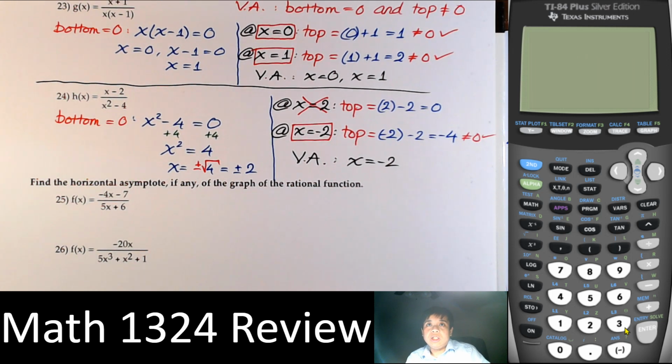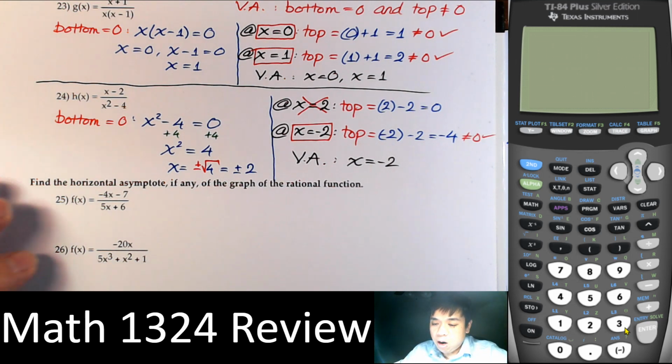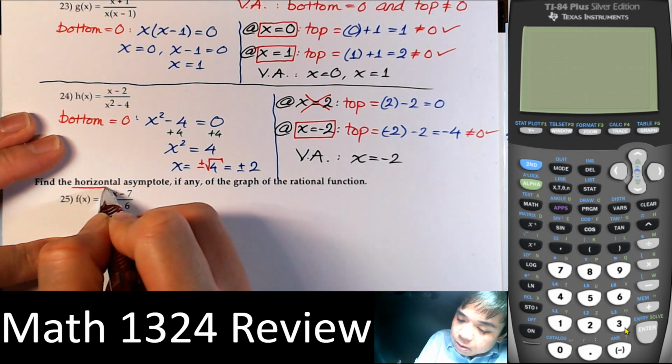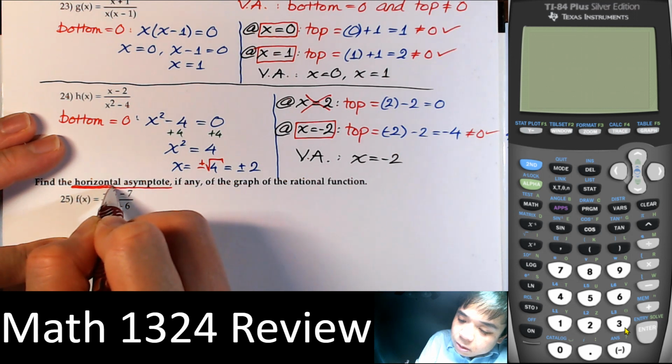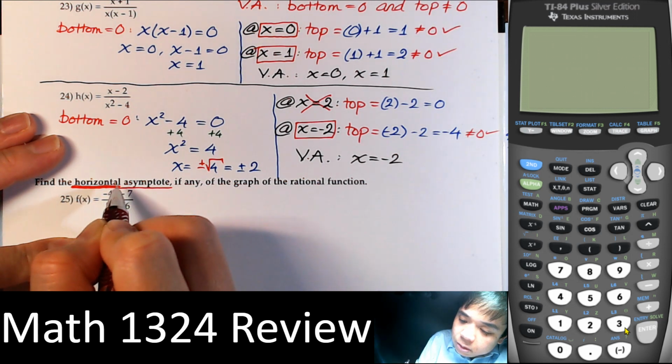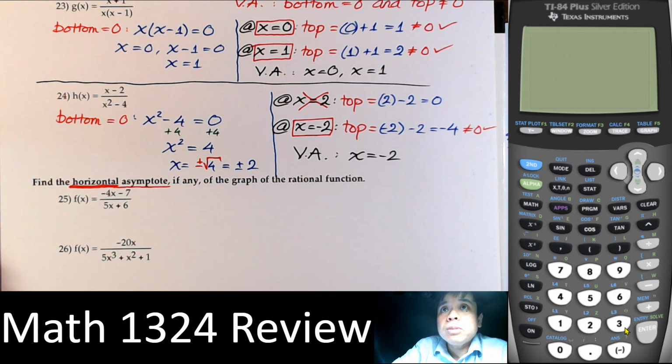Find the horizontal asymptote, if any, of the graph of the rational function. So in this case, it's easier.